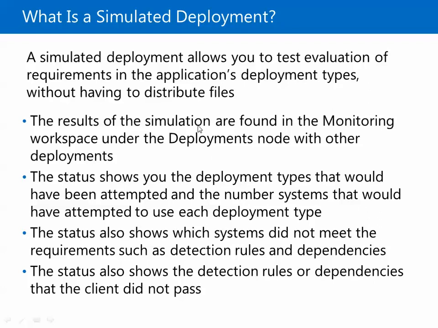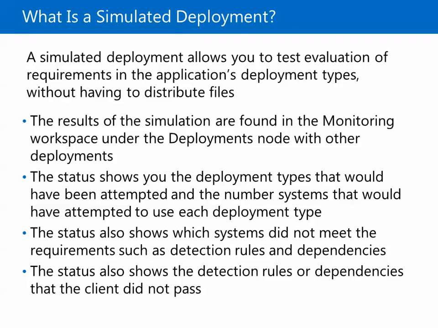The results of the simulation are found in the monitoring workspace under the deployments node with other deployments. The status shows you the deployment type that would have been attempted and the number of systems that would have attempted to use each deployment type. It will also show which systems did not meet the requirements, such as detection rule and dependencies. So generally it's for test evaluation.